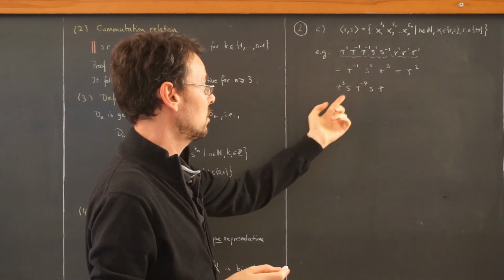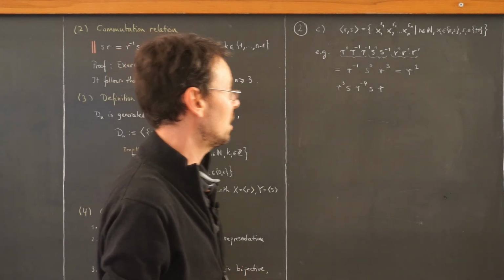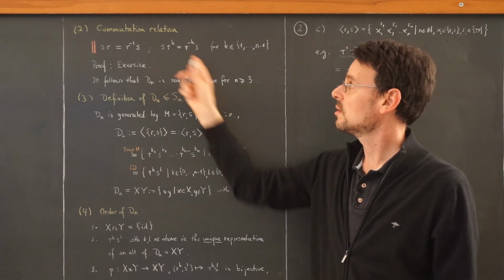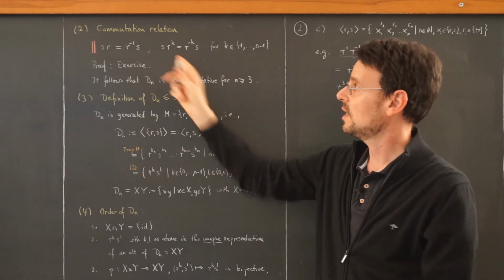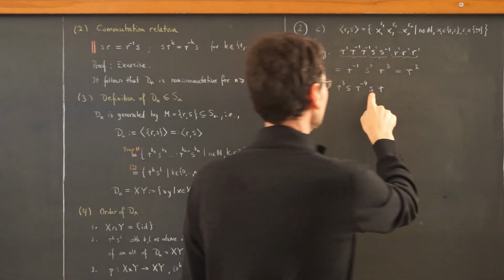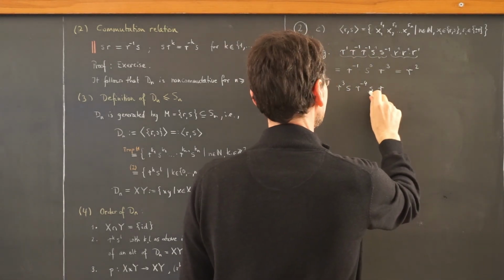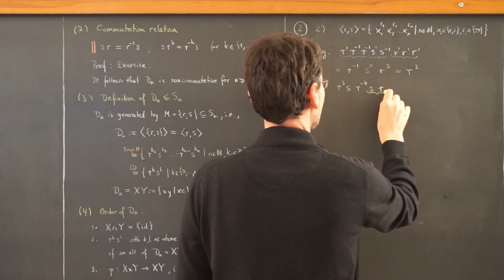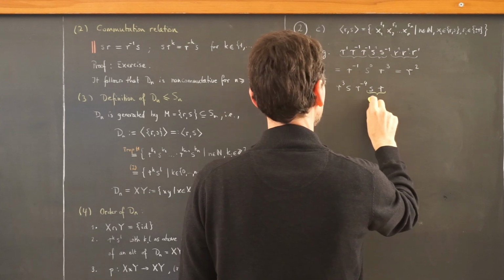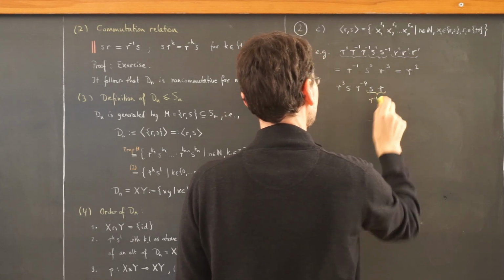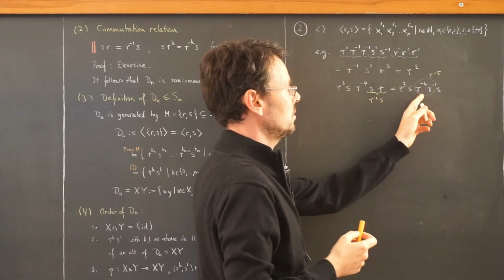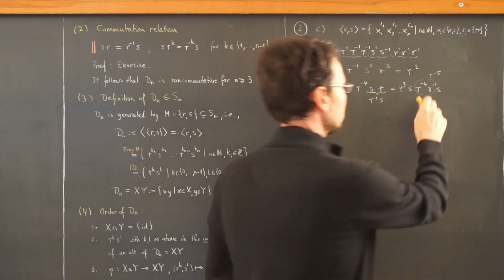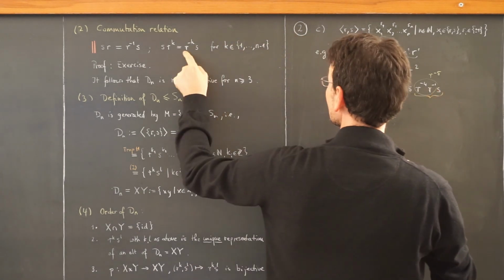Okay? Another word could look like this. R to the third, S, R to the minus 4, S, R, and so on. And now we're using the commutation relation that we can switch the S's and the R's. So here, SR would give me R to the minus 1 S. Okay, and so this here would be R to the third, S, R to the minus 5 S. Now here again, I can use the commutation relation.